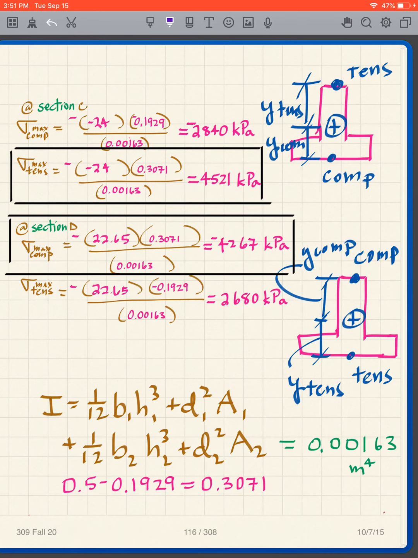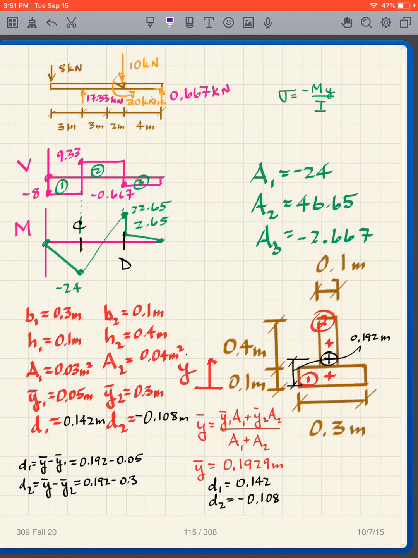Now I have that. I've got my moment diagram, and y is easy to find once we've got this all figured out. Now notice there are a couple things going on here. So I'm looking at my moment diagram, and I notice I have some negative moment and I have some positive moment. And I also observe that this is not symmetric.